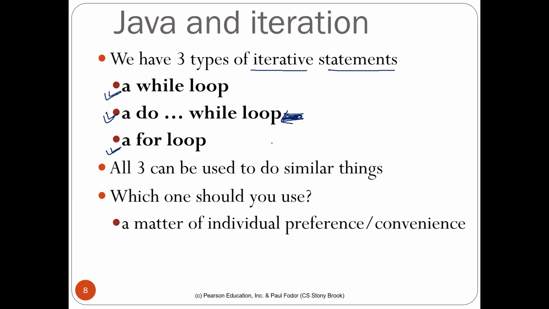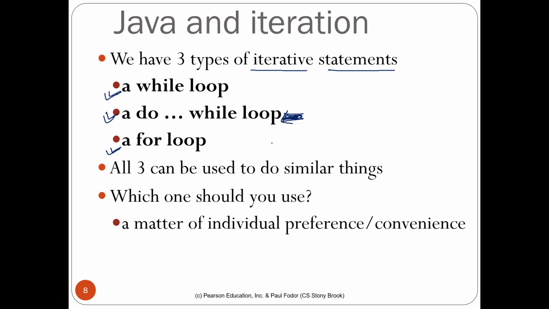I'll give you some hint: despite the fact that while loop and for loop are similar, and you can write a program using either, there are certain cases where the while loop works better than the for loop. When I say works better, it means it is more convenient to use.